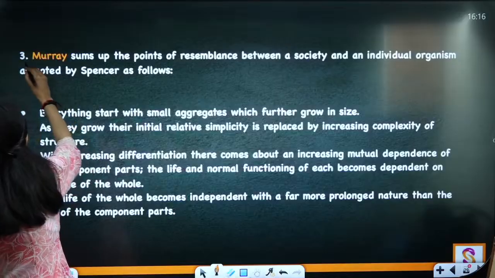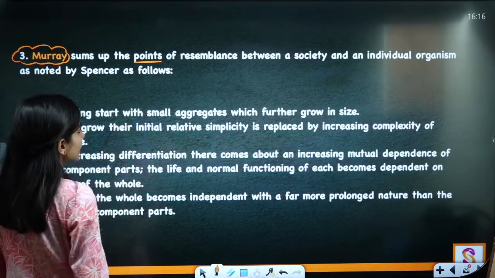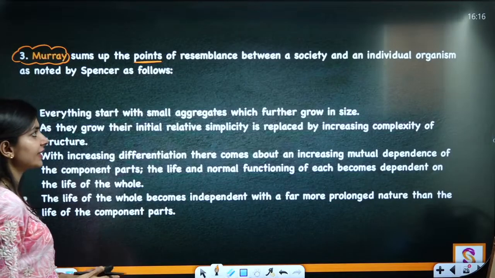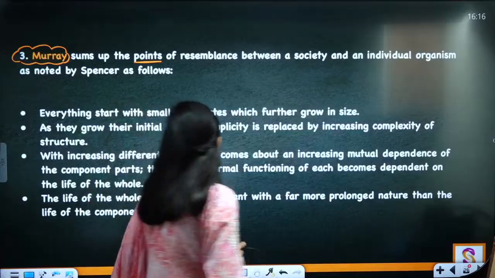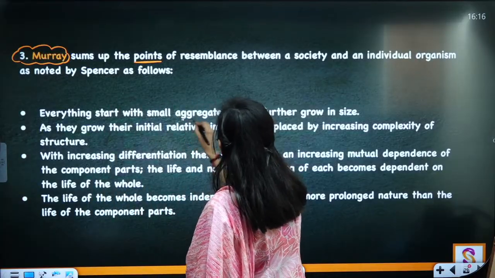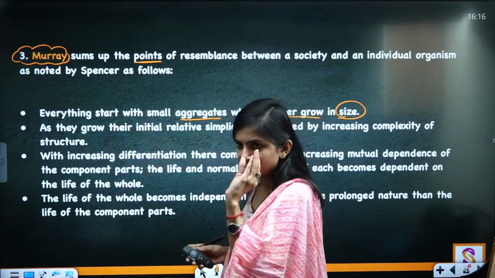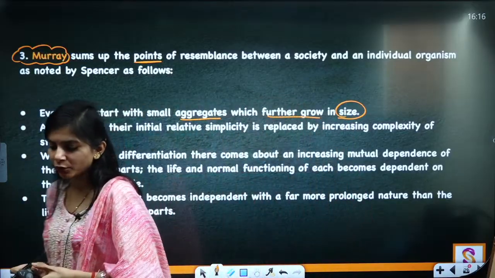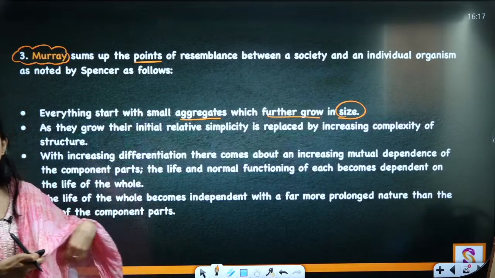So Murray sums up the points of resemblance between what? Between a society and an individual, and based upon that they specify that everything starts with small aggregates which further grow in size. It means first you start with a small size and later on it starts growing. You start with the individual, then family, and then it leads to growth.